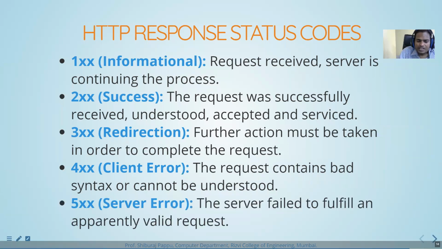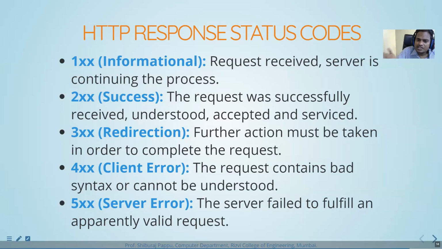The last one is the 500 series error, which is actually the server error. This usually happens because of the fault of the programmer. It is possible that you send some request, and there are some syntactic errors or other logical errors in the server's code.